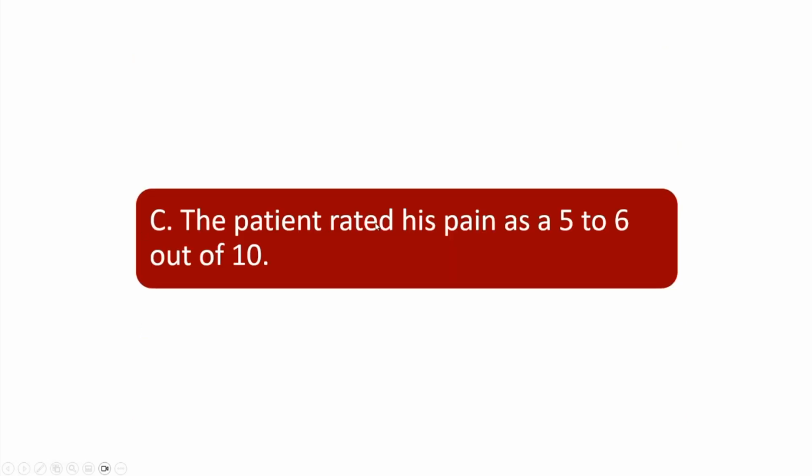The patient rated his pain as a 5 to 6 out of 10. So we have to spell it out. And the reason is because it's a range. This 5 to 6 is the range. So we have to spell out the out of. We cannot use a virgule in this instance.